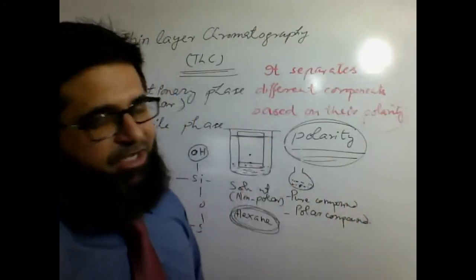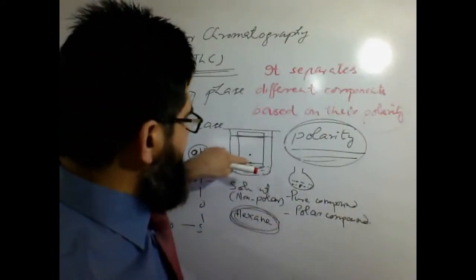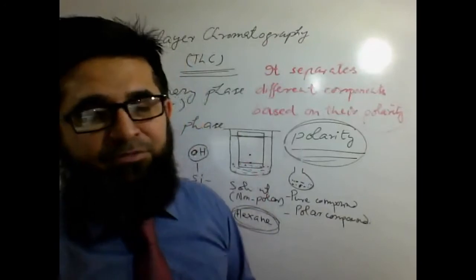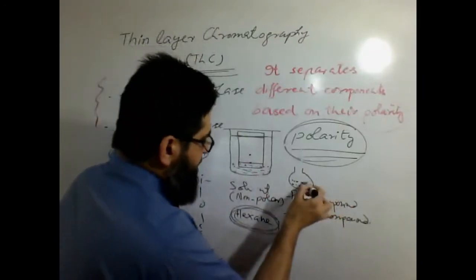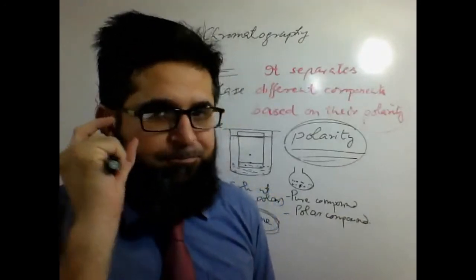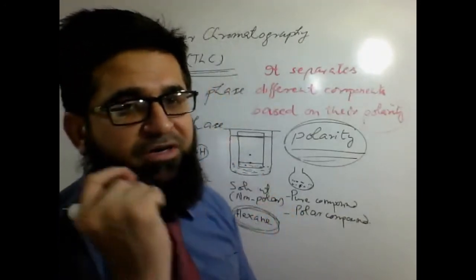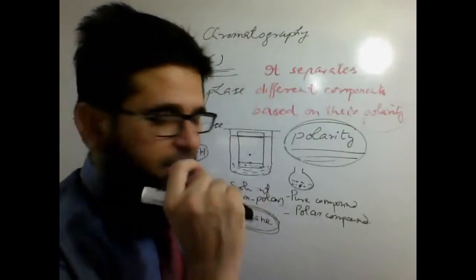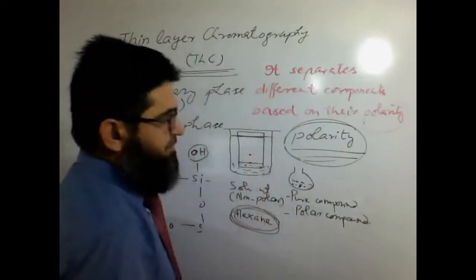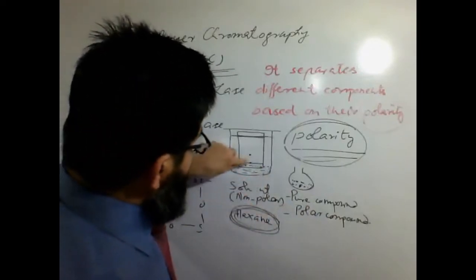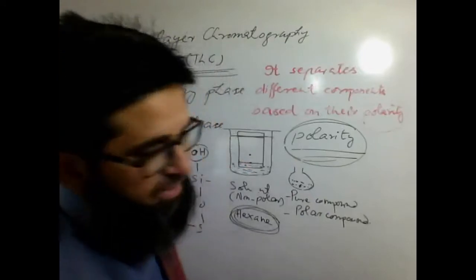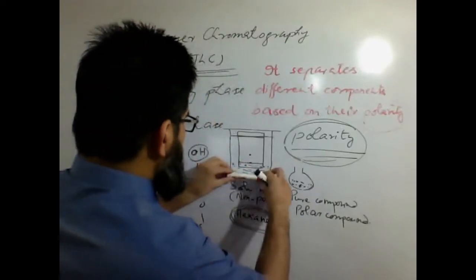Sometimes we can see some colorants moving on the TLC as the solvent moves. Sometimes your given compounds are colorless and you can't see them with the naked eye. When we run the TLC, such compounds do not appear in the form of any colorants. We just see the movement of the solvents.